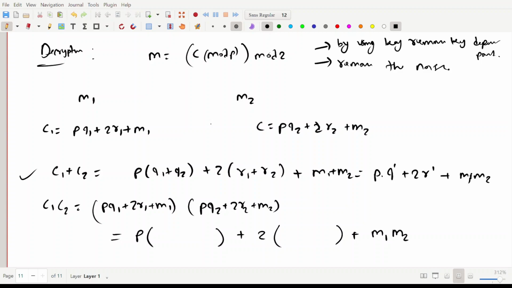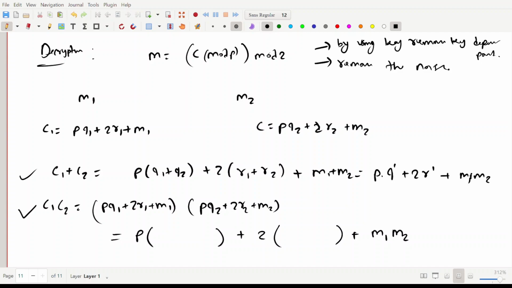And again, this is true in the case of decryption. I will take modulo P, this part will go away. I will take modulo 2, this part will go away, and then I will get the message M1 into M2. Correct? So that's why it is satisfying both homomorphic addition and homomorphic multiplication.